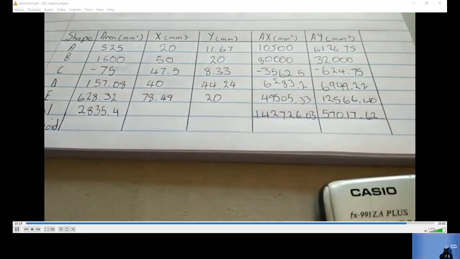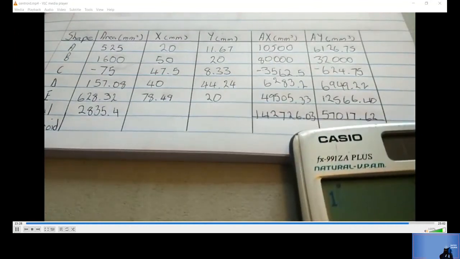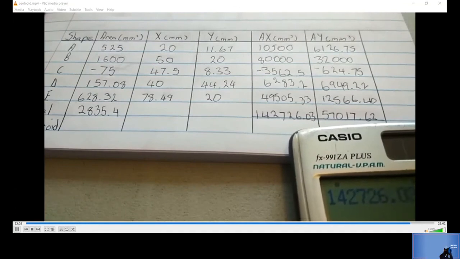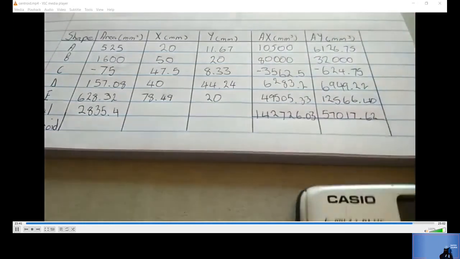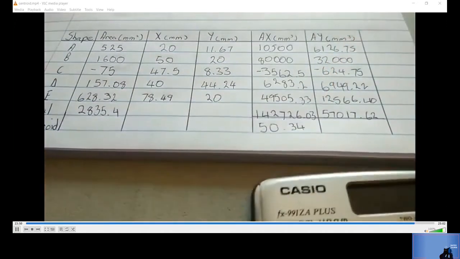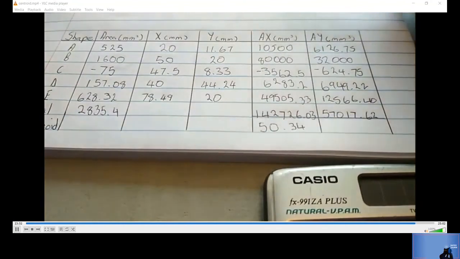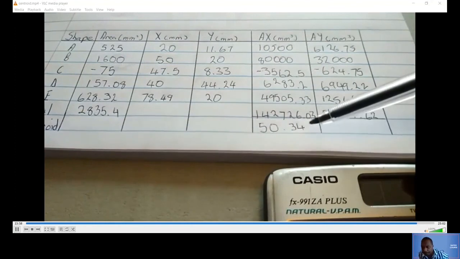So I'm gonna say 142,726.03 divided by 2835.4. We get 50.3. Rounding it up, that means that our centroid on the x-axis is located a distance of 50.34 from the datum.